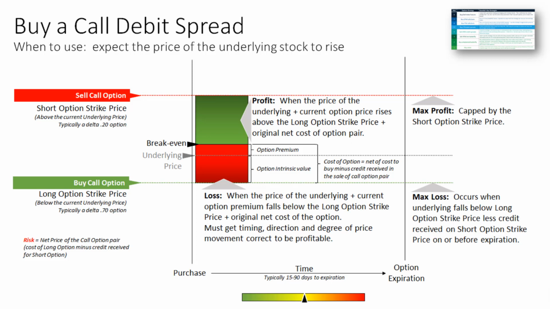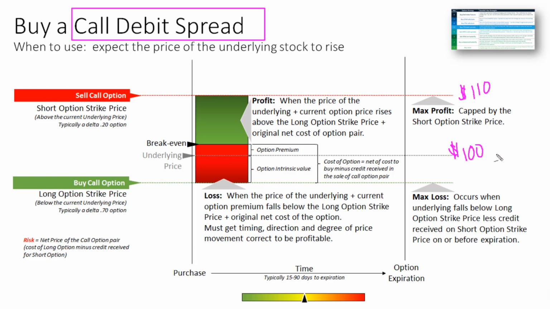Generally, in this example, this is going to be a call debit spread, not a put debit spread. So in a call debit spread, let's say we're looking at stock Cash Money again, and the underlying price of your stock is at $100. And let's say that I am super sure that this stock is going to go to $110. Normally, you could set up a debit spread in a variety of ways.